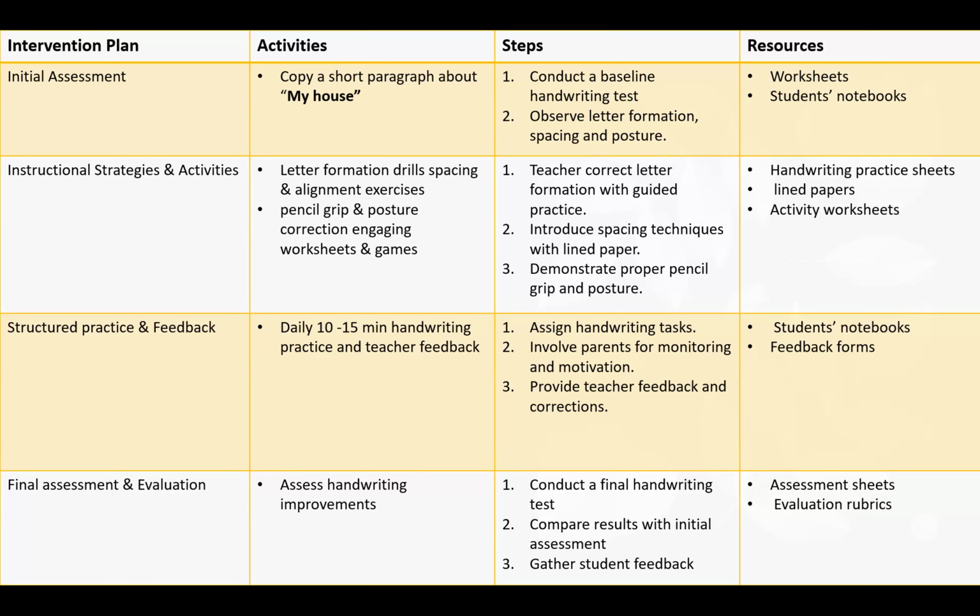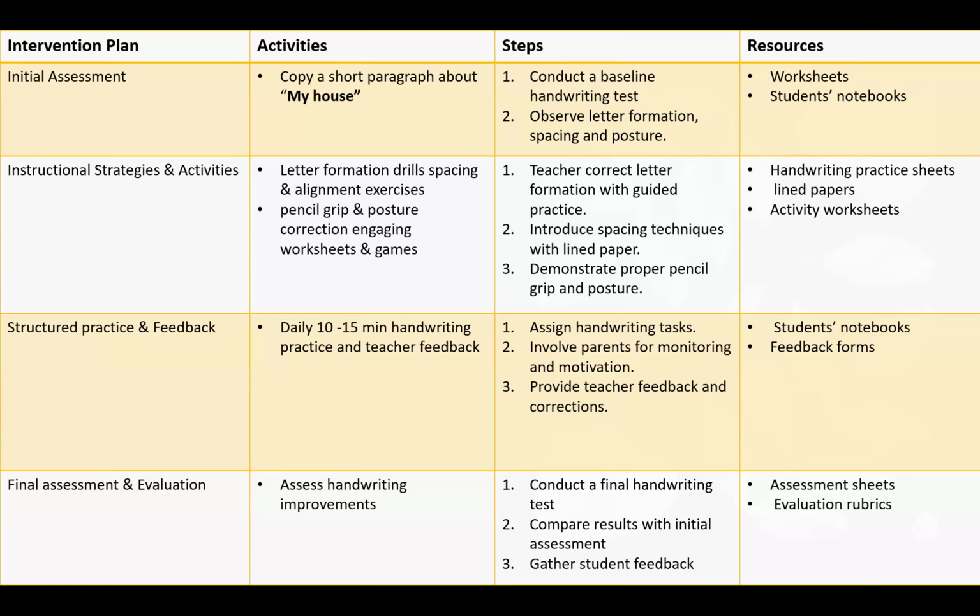These rubrics will help assess progress in a clear and systematic way. Additionally, I will gather feedback from students and parents to understand their experiences and any remaining challenges. Finally, I will reflect on the overall effectiveness of the intervention and identify further steps for continuous handwriting development. The resources are assessment sheets and evaluation rubrics.